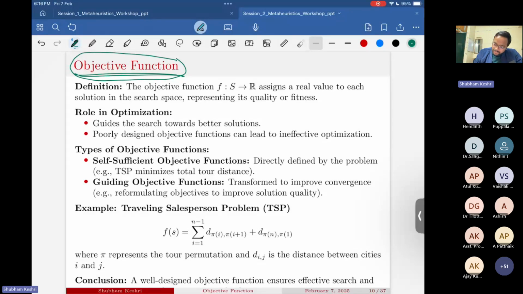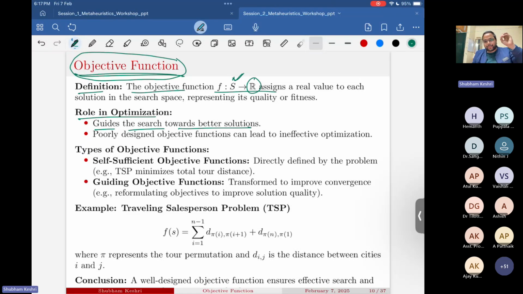So, definition: the objective function is just a function which takes the solution as input and gives an output. Over here, we are only talking about a one-dimensional objective function, so it is only one objective. We are not talking about multiple objectives. Its role is to guide the search towards a better solution.